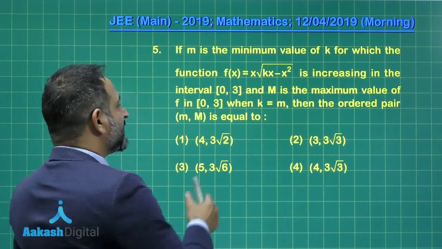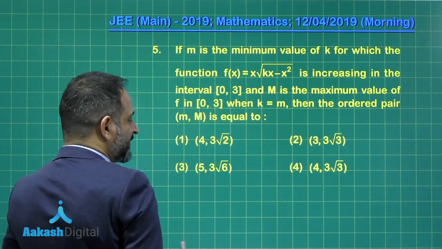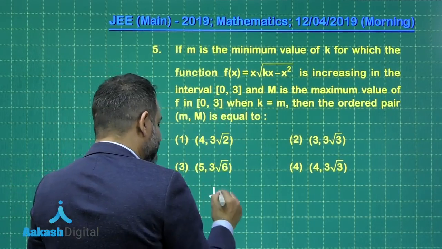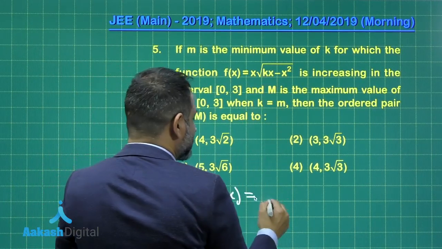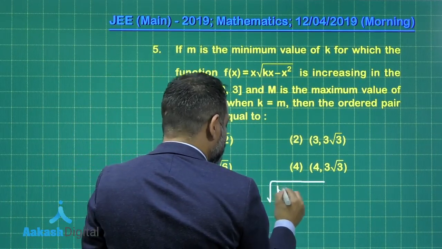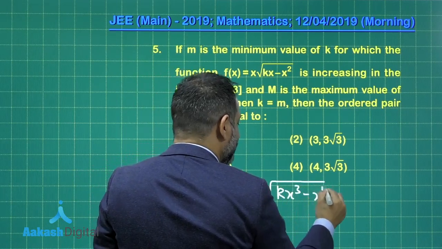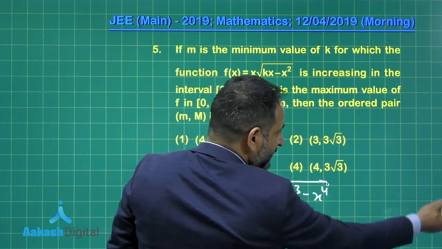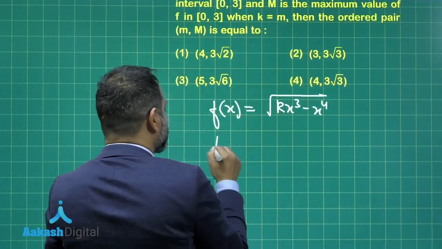Luckily for us, the interval is only positive and we need to differentiate f(x). So, first thing I am doing here, I am taking this x inside the under root. So, it is k x cube minus x raised to the power 4. We need to differentiate this because the function is increasing.